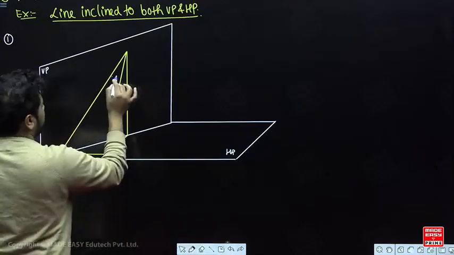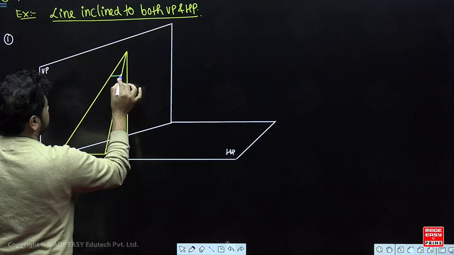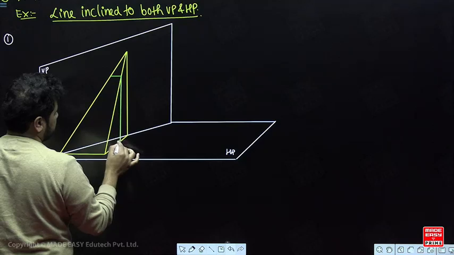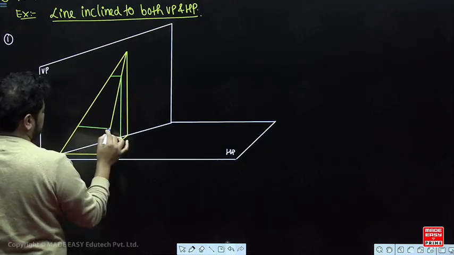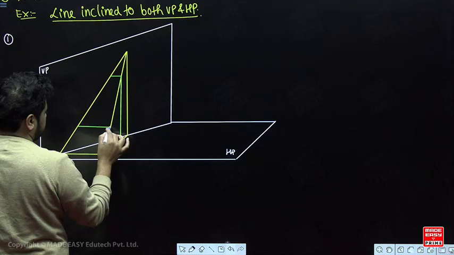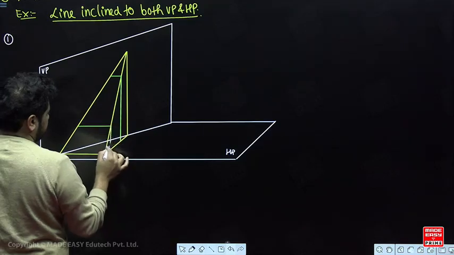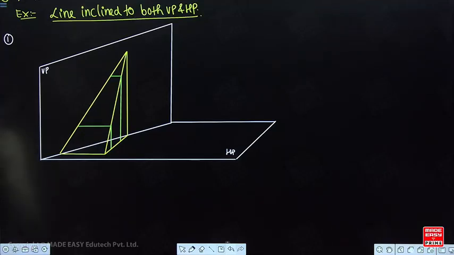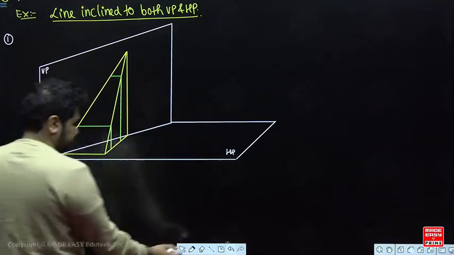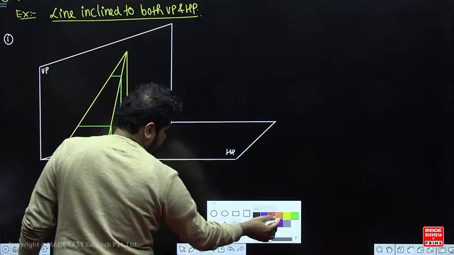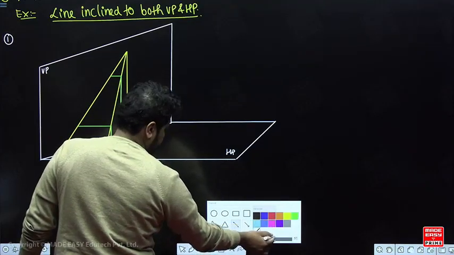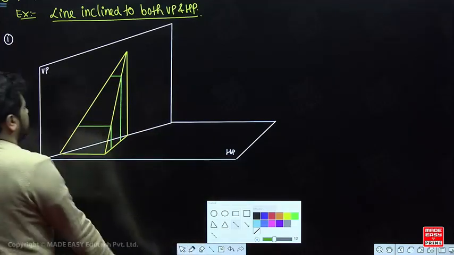Now take any point. Correct. So project it like this. Right, done.